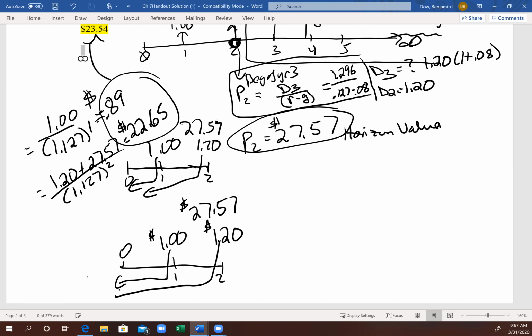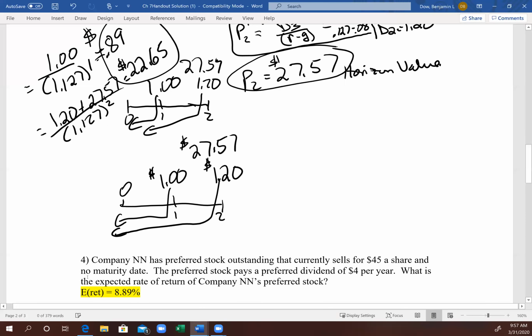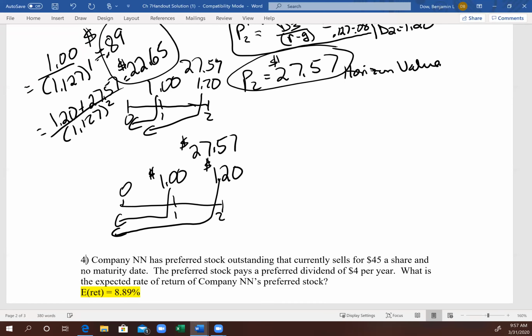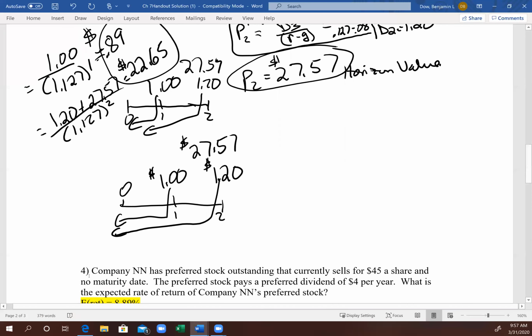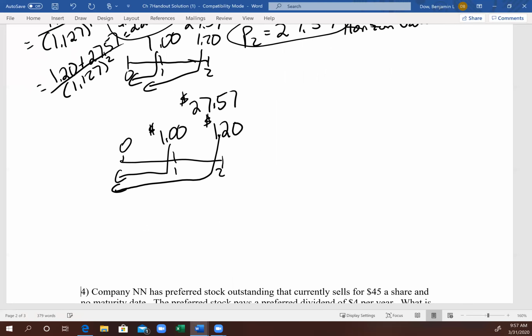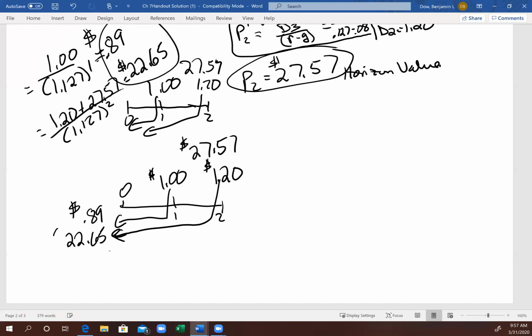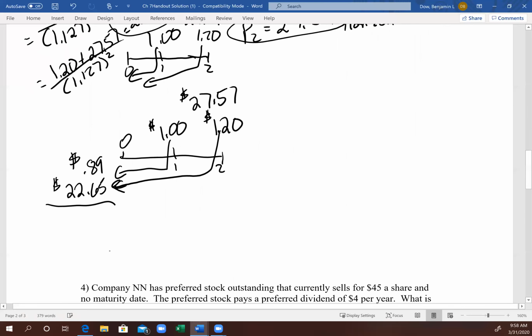And we need to go back and then find the present value of those two cash flows. And we found that the present value of $1 was 89 cents. And the present value of 27.57 plus $1.20 was 22.65. We added those together, we got 23.54.